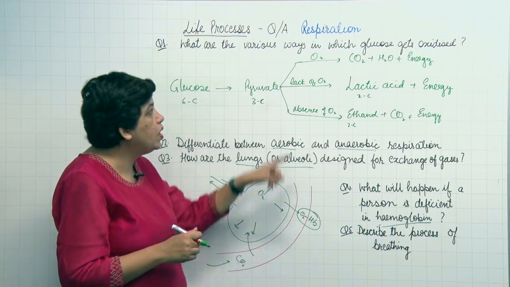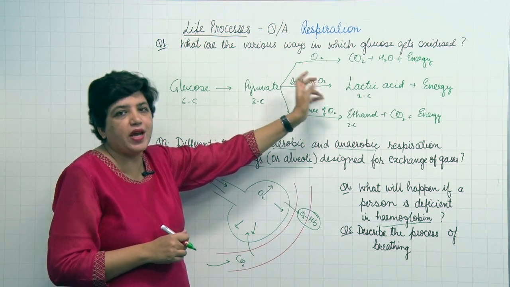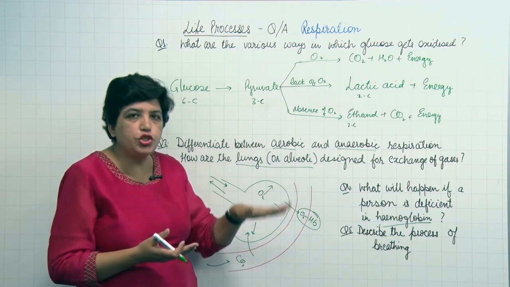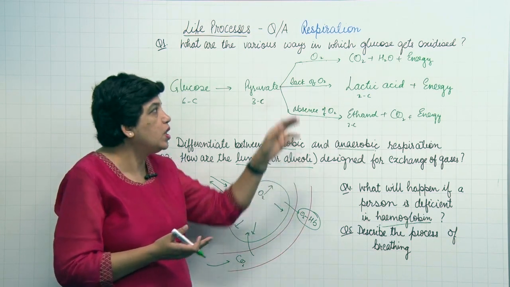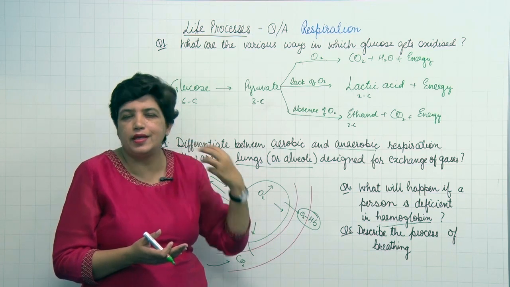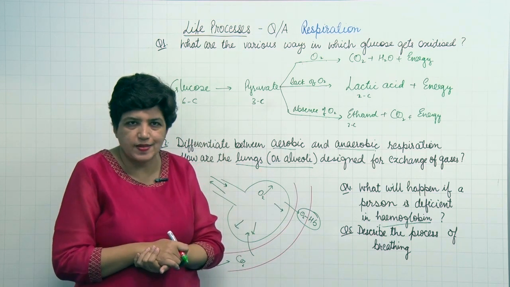As I just told you, oxygen is required for breakdown of glucose to release energy. So if this oxygen is not supplied to the tissue, then energy will not be released and the person will feel tired and lethargic after even small exercise.